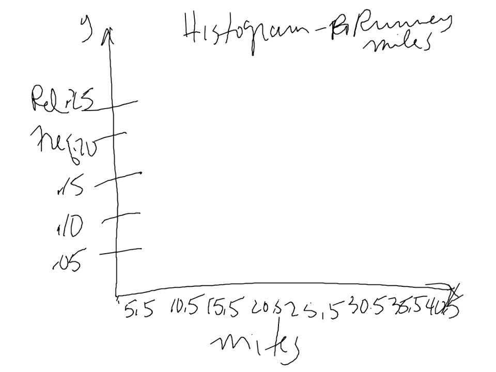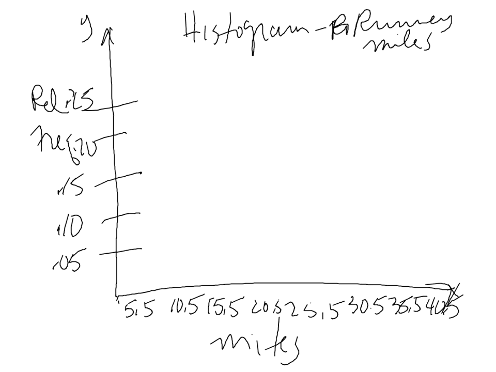Now, all we have to do is draw the bars, and this will represent our relative frequency histogram. So between 5.5 and 10.5, we only had 0.05. What I'm using now is the chart at the very top of page 62 with the relative frequencies.